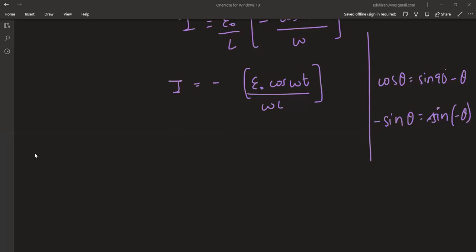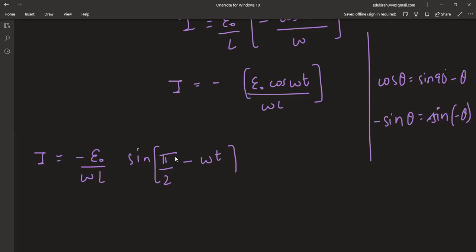So the current we can write as minus E naught by omega L. Instead of cos omega t, cos theta, what can I write? Sine of 90 minus theta, sine of 90 minus omega t. If cos theta is sine of 90 minus theta, I can write cos omega t as sine of pi by 2 minus omega t.